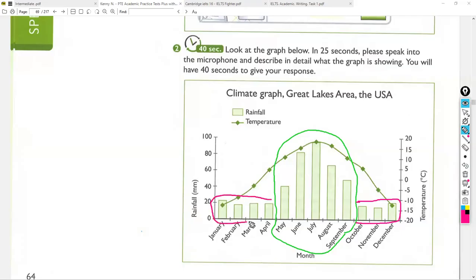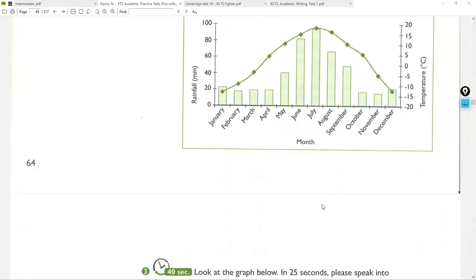Approximately, the amount of rain is the same. But from May to September, these are the rainy months. This is the rainy season. We need to practice a little more.